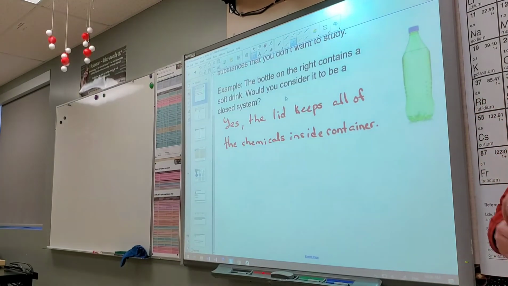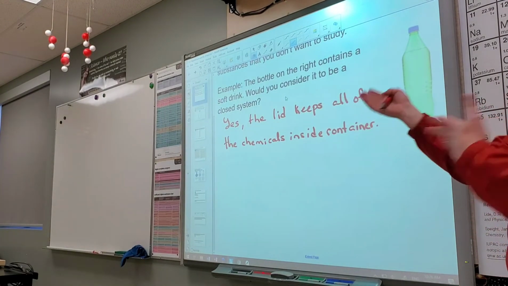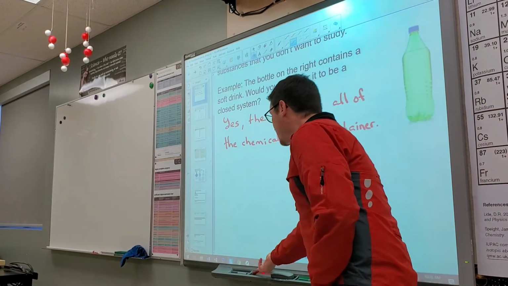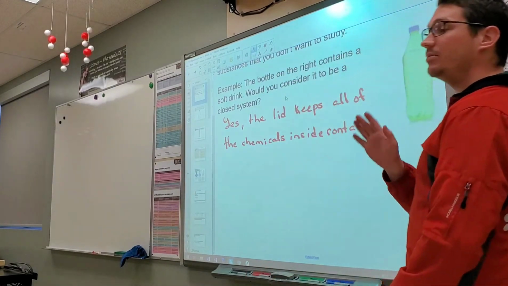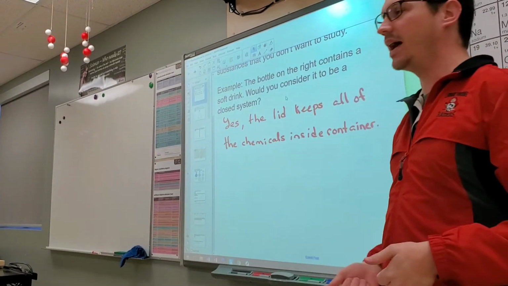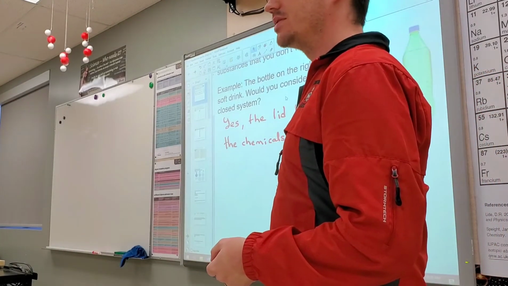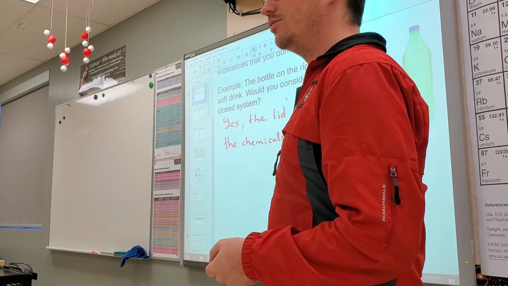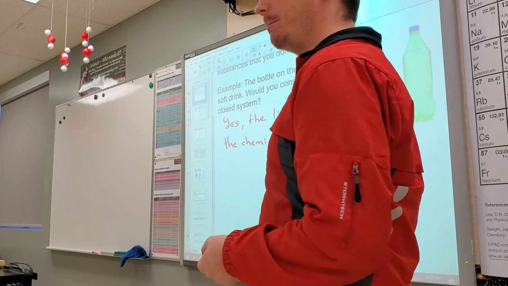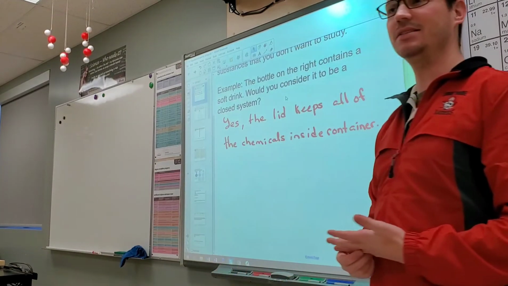An open system is where matter is allowed to exchange between the inside and the outside of a container. There's a third system. There's an open system, there's a closed system, and there's a third type of system. It's an isolated system.